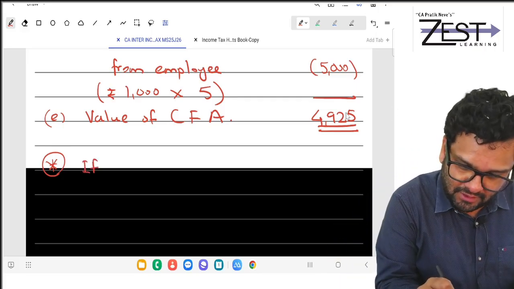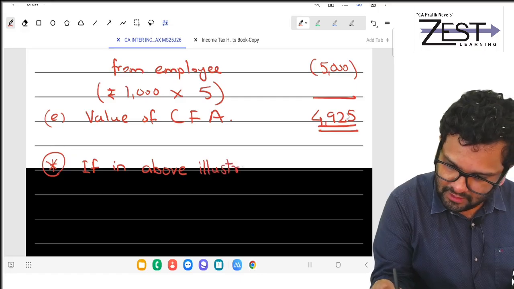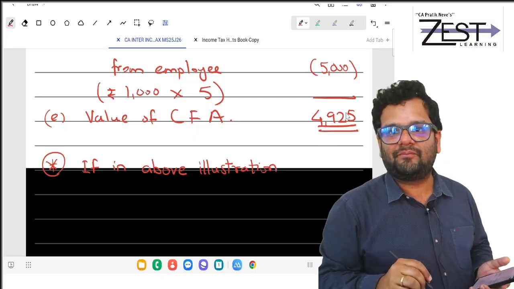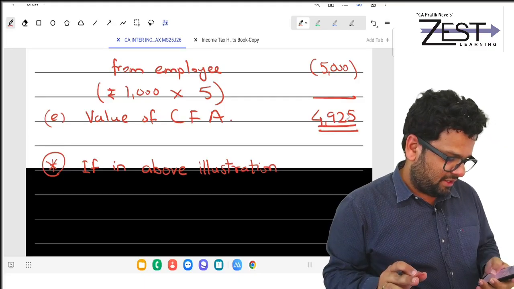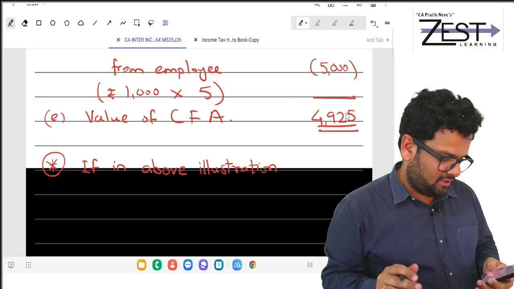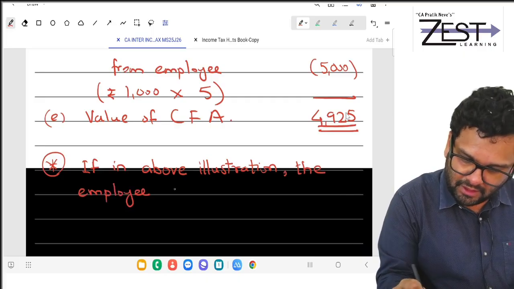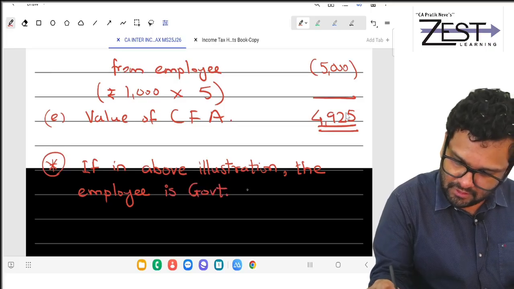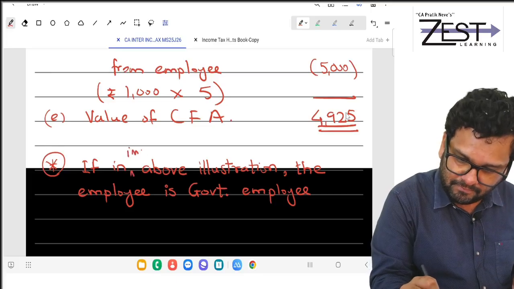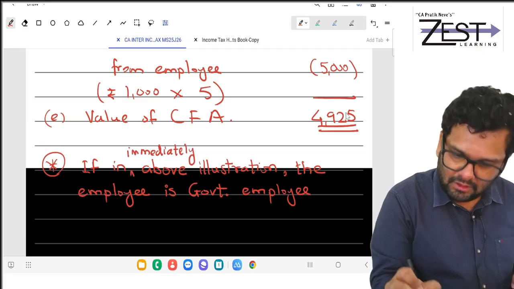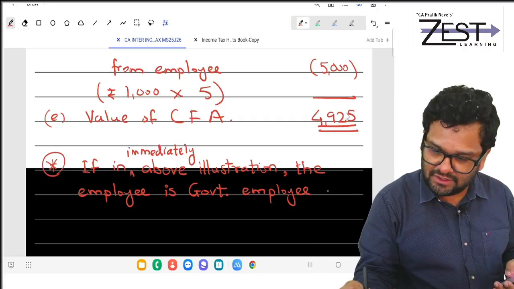If in the above illustration, the employee is a government employee, and license fees determined by government for this accommodation is rupees 700 per month.